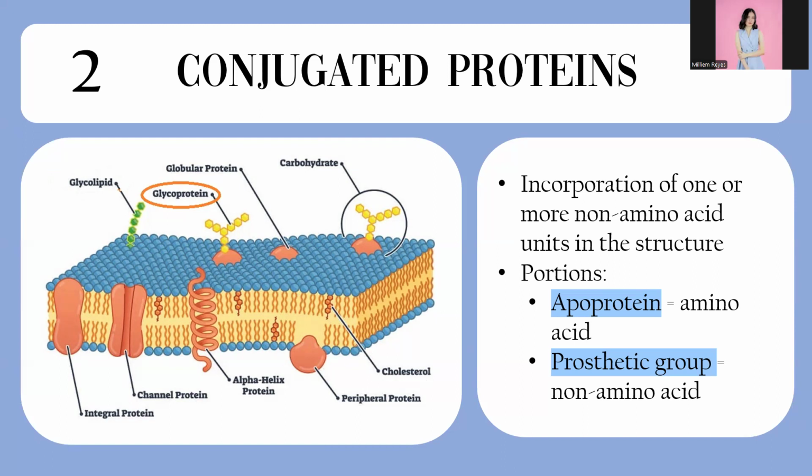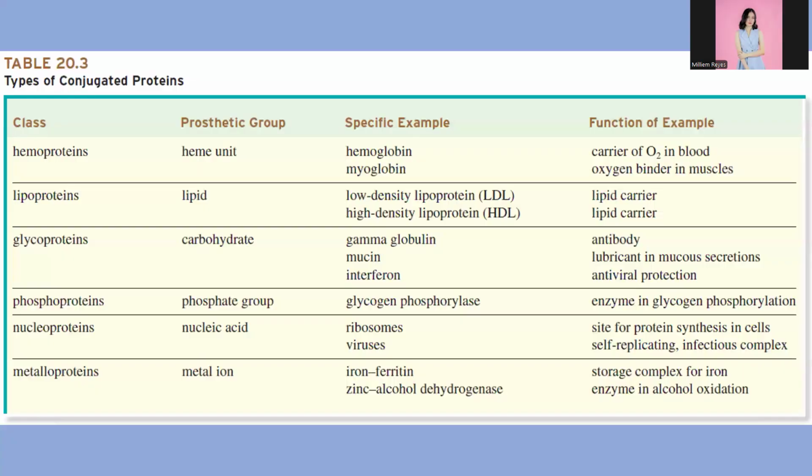But for conjugated proteins, you will have the prosthetic group, the non-amino acid group. Examples of these conjugated proteins are your glycoproteins that you will see in your cell membrane and glycolipids as well. So these are examples of your conjugated proteins.